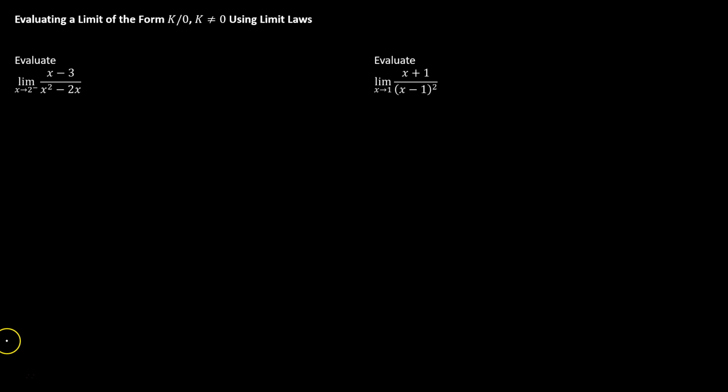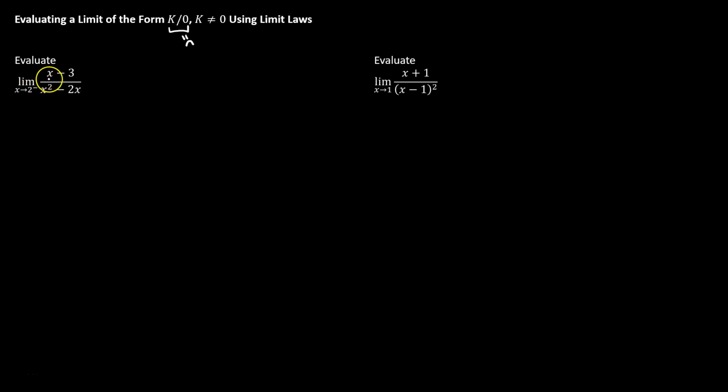Let's take a look at another special case of evaluating limits. These are the cases where if we do direct substitution, we get something that looks like a number divided by 0. We know that that's not acceptable, so we're going to try and work around it. Now, if I look at the limit on the left and I try to evaluate it, I can see that I'm approaching 2 from the left side.